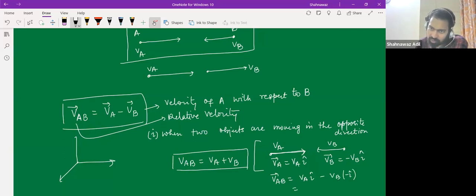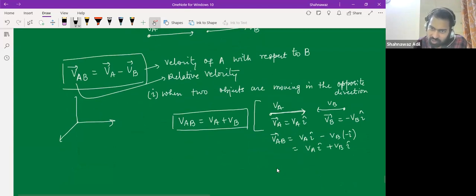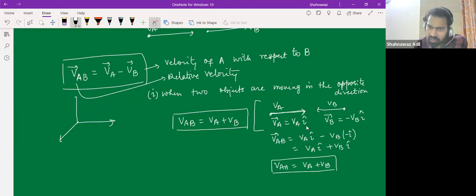Minus minus i plus, so V_A i plus V_B i. So V_AB would be V_A plus V_B. This is what I have written. Whenever they are in the opposite direction, their velocity will add up. Is that clear?